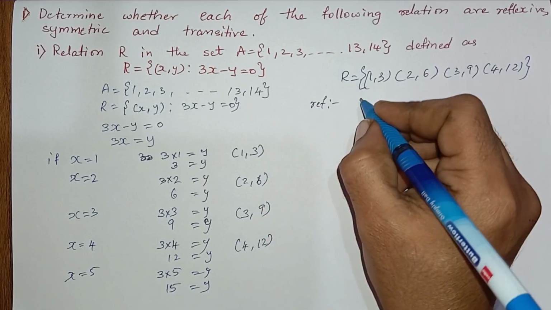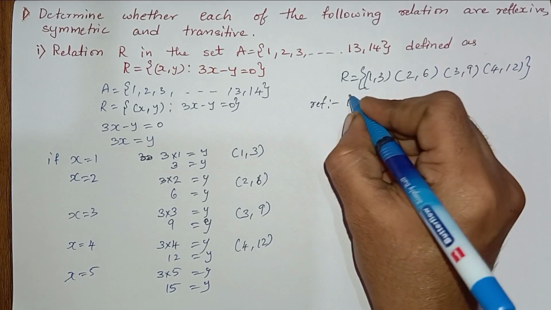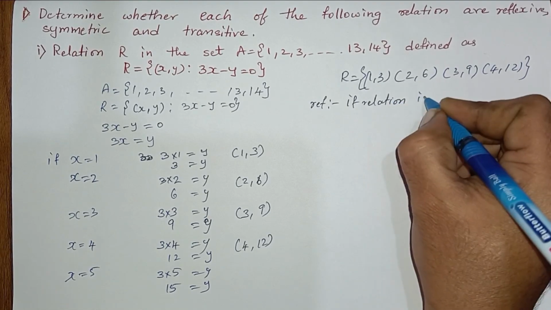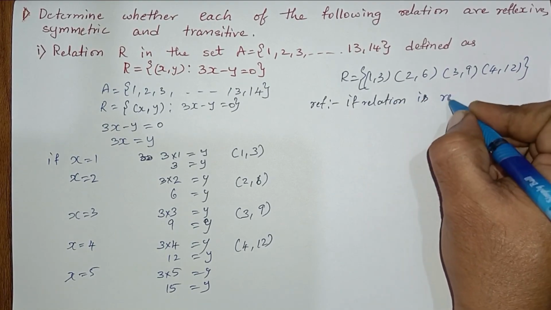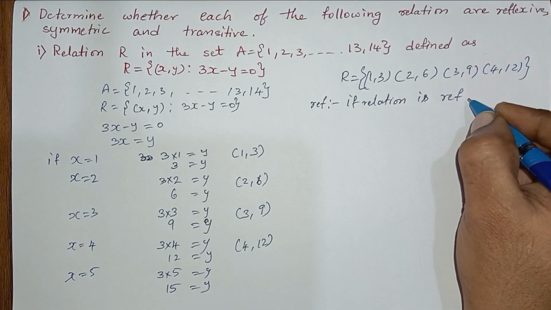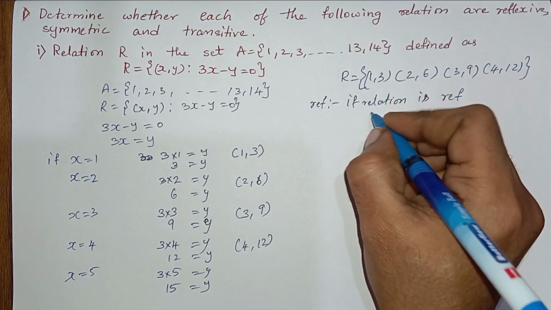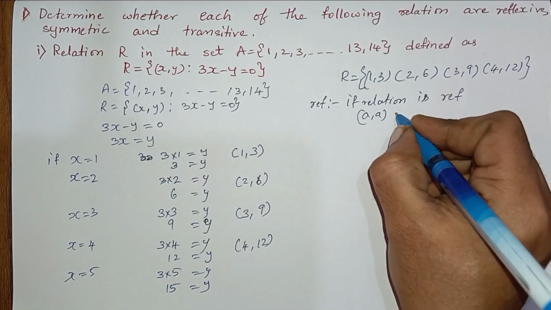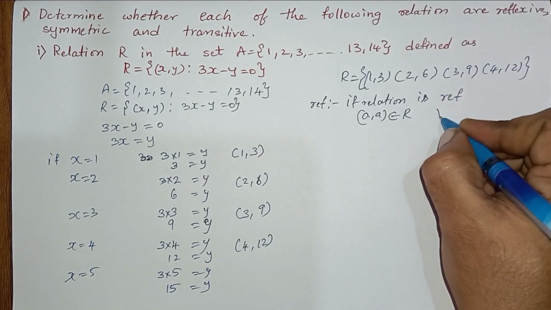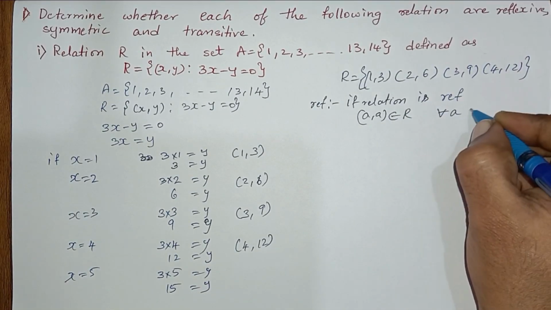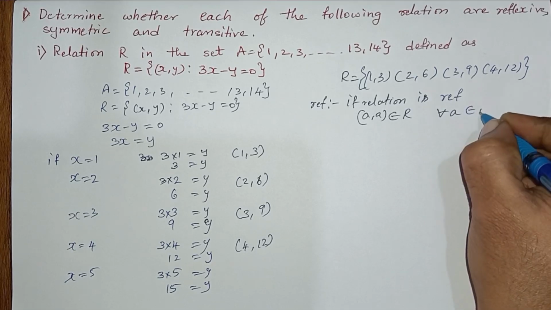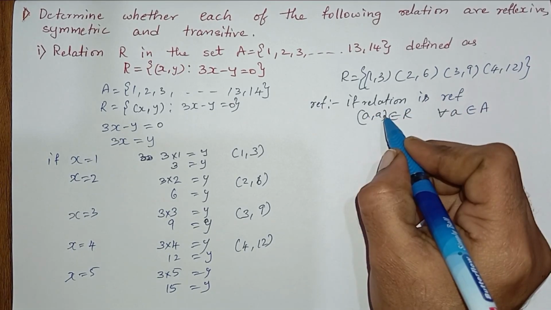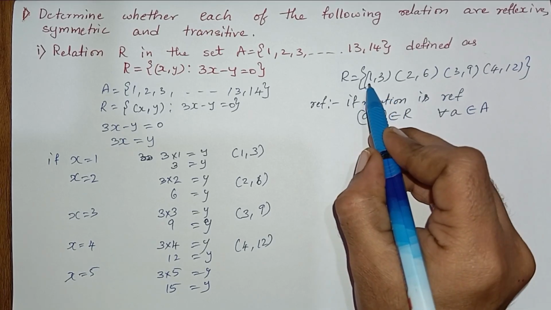The condition for a relation to be reflexive is that (a, a) should belong to R for all values of a belonging to set A. So here (a, a) means there should be (1, 1).